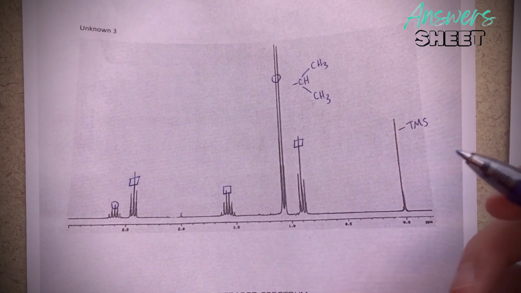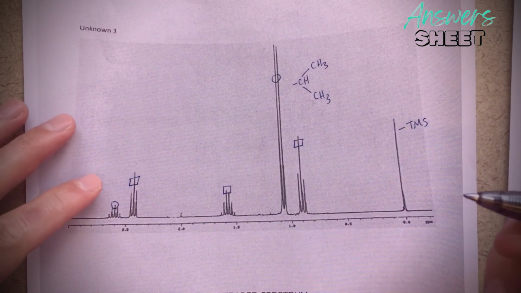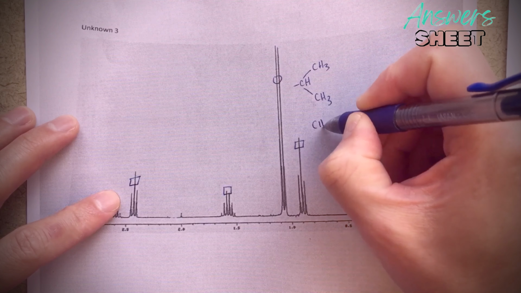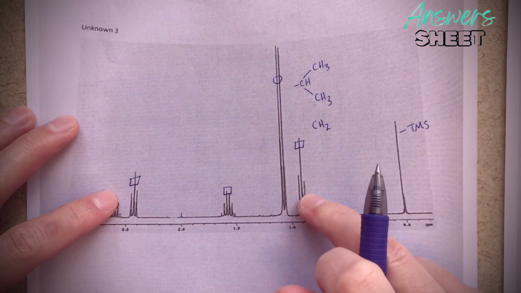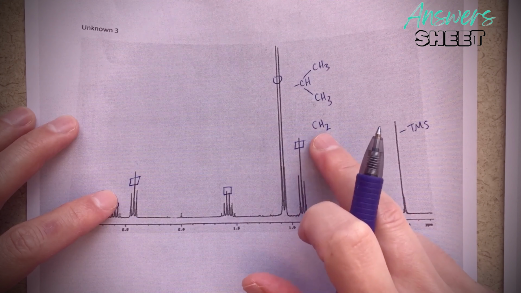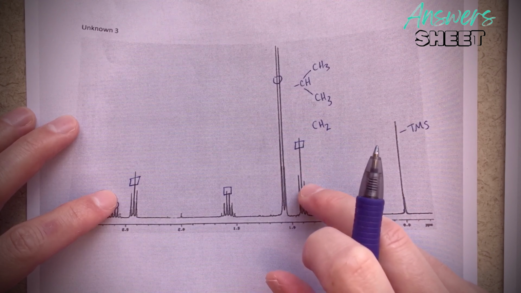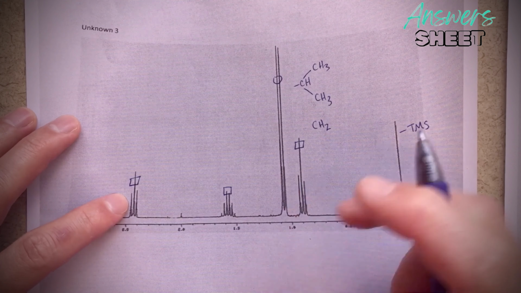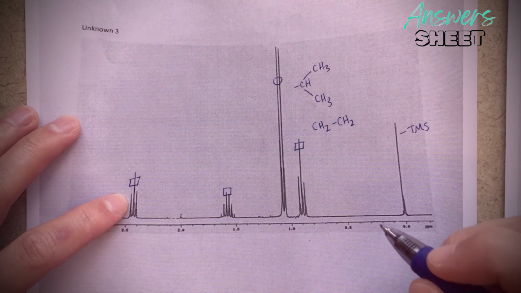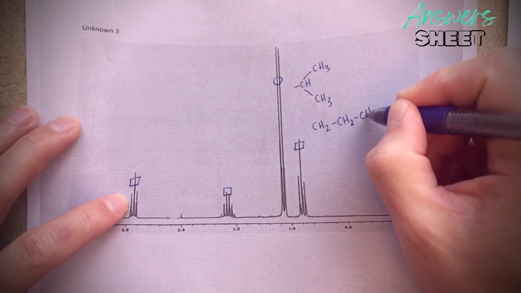And the way that I know that is really through experience, I think. But if we try to break it down, if I see a triplet, we know for sure that we've got a CH2, right? The CH2 is going to be splitting the signal into a triplet. The fact that I have two triplets suggests that we've probably got two CH2 groups, and then a CH3 at the end.